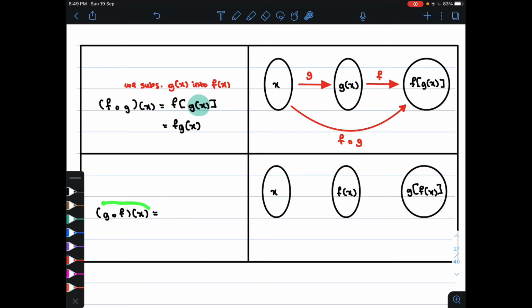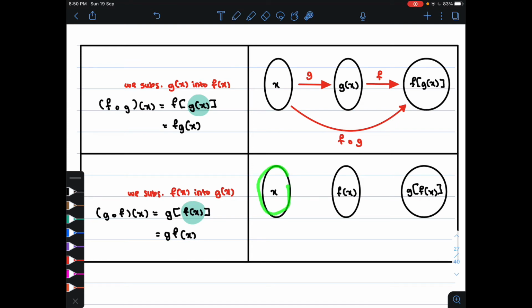The second one is the composite function gf(x). So, kita boleh tulis dia sebagai g square bracket f(x). And this composite function means that you're substituting f(x) into g(x). And you can also write it as gf(x).